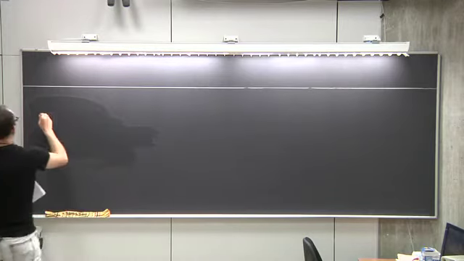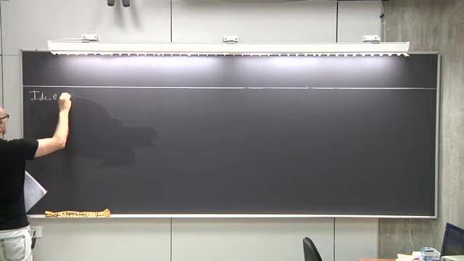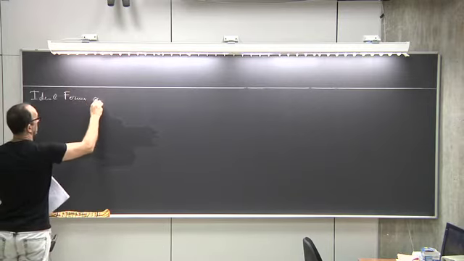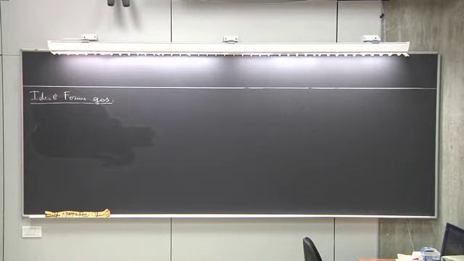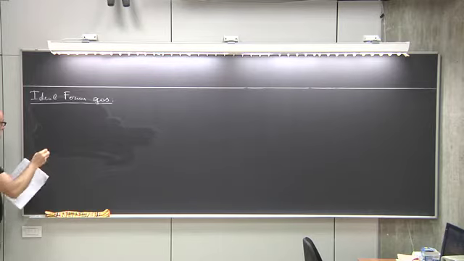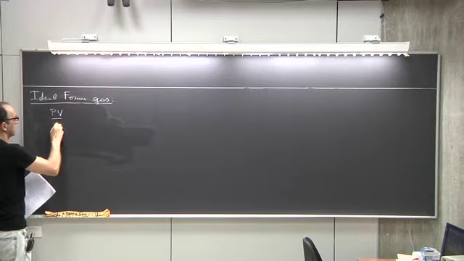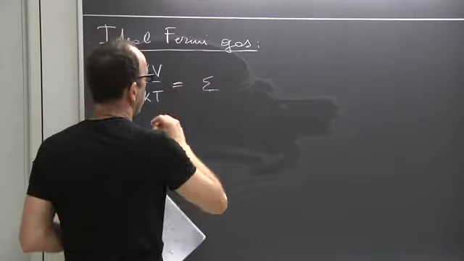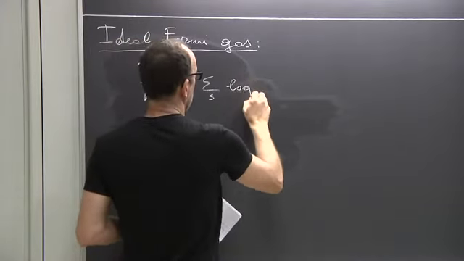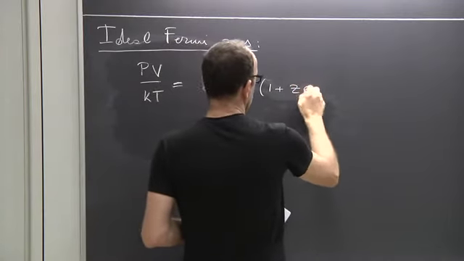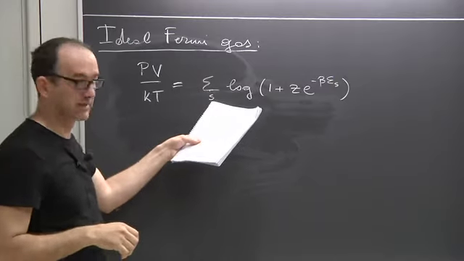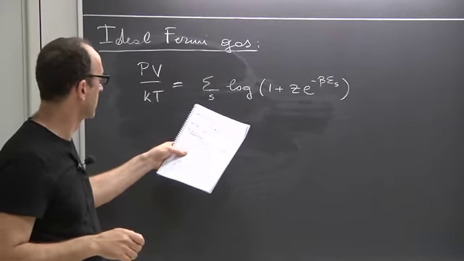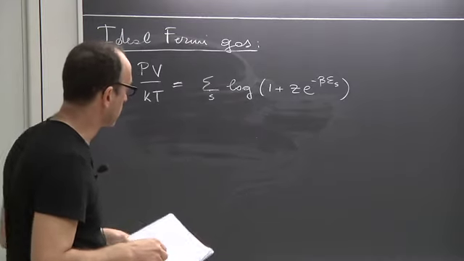Okay, so again, as we have seen, the thermodynamic properties of a Fermi gas can be derived from the grand canonical partition function, which is given by a sum over all the states of the log of 1 plus z e to the minus beta times the energy of the state S. These are sums over the single particle states.